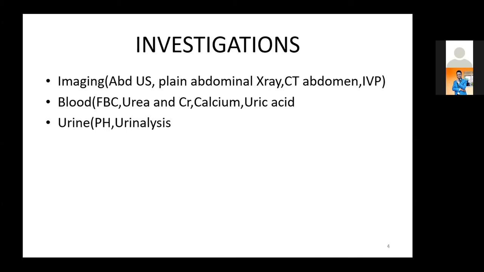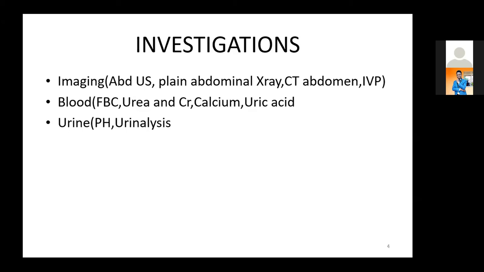And you can combine the CT with contrast, what we call the CT urogram. It can show you the whole of the urinary tract. The IVP is also a substitute for a CT urogram. The IVP uses the usual x-rays, but these patients are given contrast.